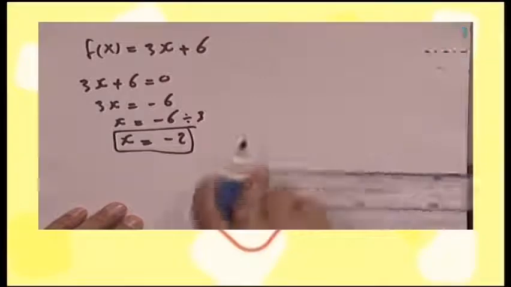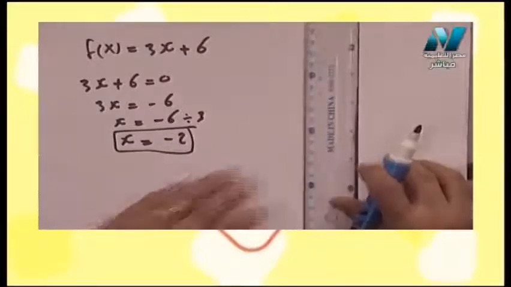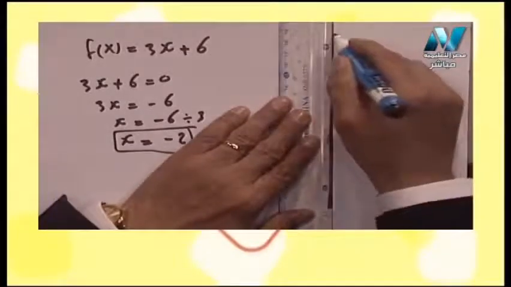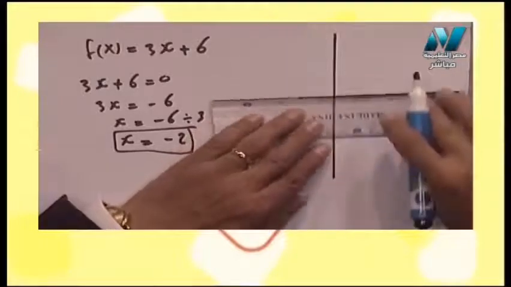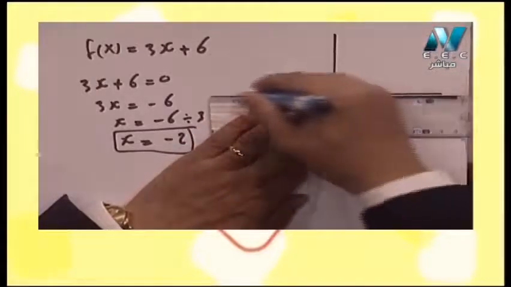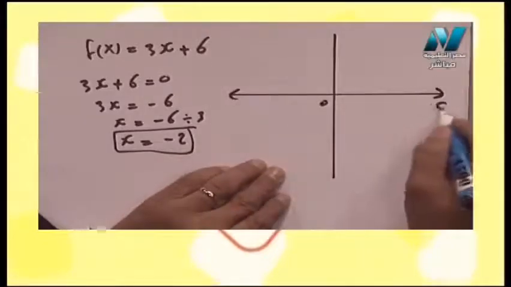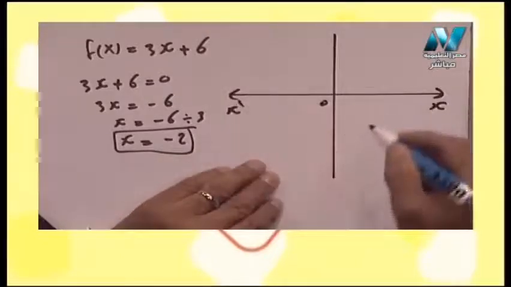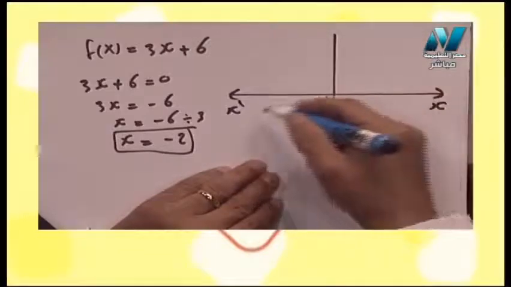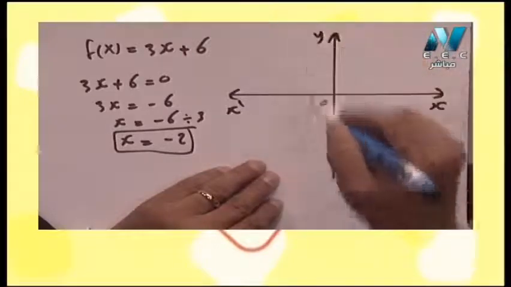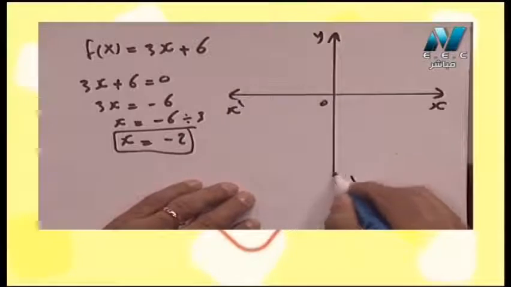And if we would like to represent it graphically, we have the y-axis and x-axis. This is ox dash. This part is positive, this part is negative. Oy dash.